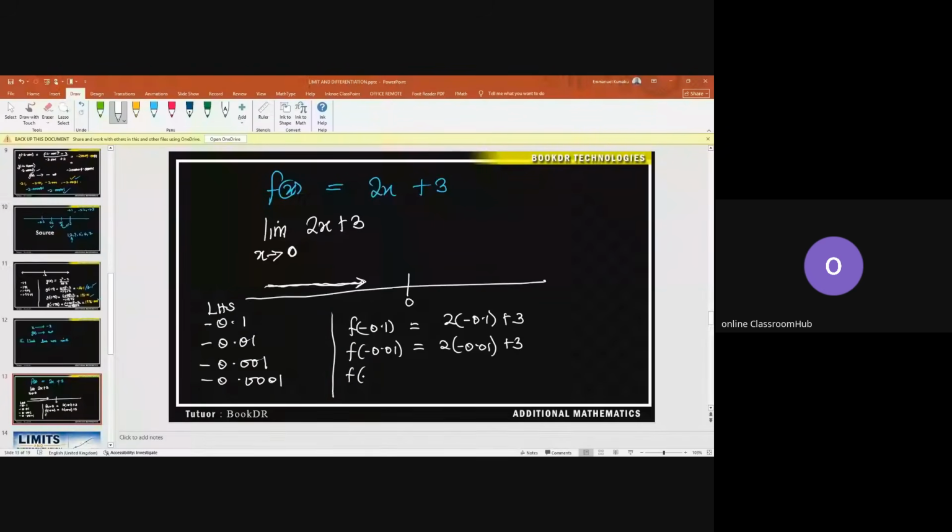Then f of negative 0.001: 2 multiply negative 0.001 plus 3. Then the last one, negative 0.0001, and this will be 2 multiplying negative 0.0001 plus 3. So I'm waiting for the answers.